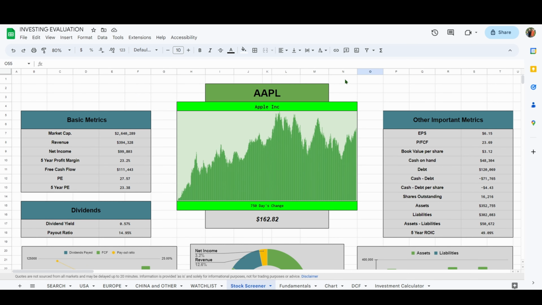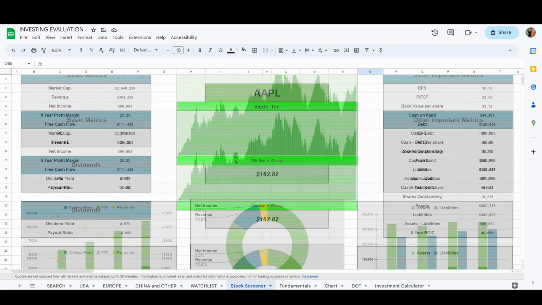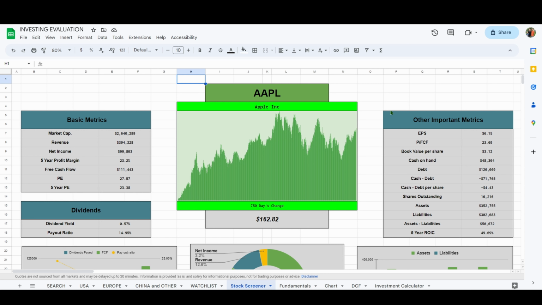This was a very long video, but it's really okay if you didn't understand everything, because we're going to go over this again and again in every video where we analyze a stock, and all you've got to do is watch all the videos and you will understand what all of this is very quickly, because value investing is not really that hard. Well, it is hard, but it's not hard to understand.